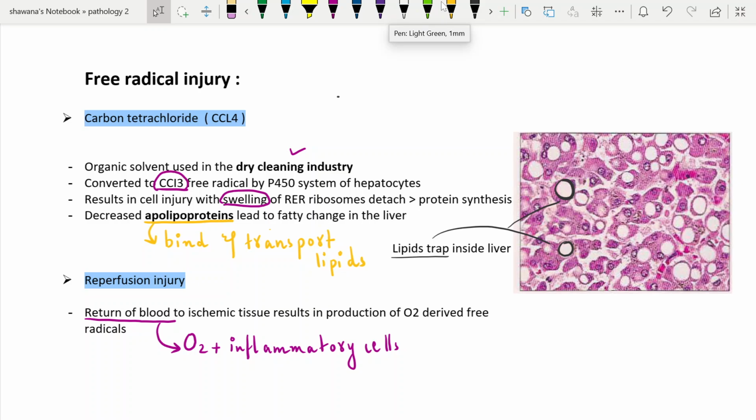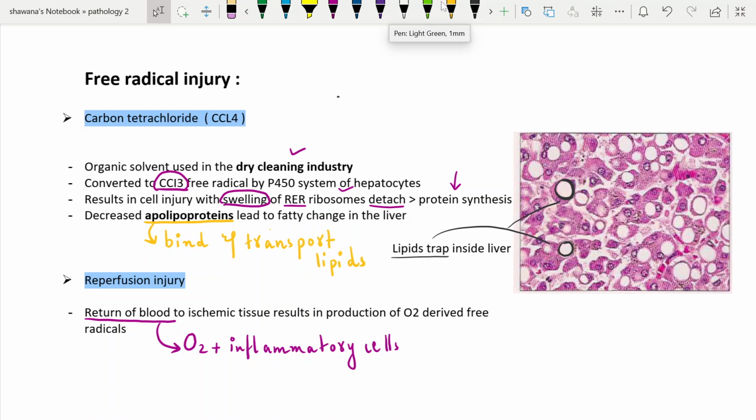For example, the rough endoplasmic reticulum swells up, and as you know, on the surface of RER there are ribosomes attached. And the ribosomes, due to swelling, get detached, and when detachment of the ribosomes occurs, there is reduced protein synthesis. As you know, ribosomes are the factories for protein synthesis.